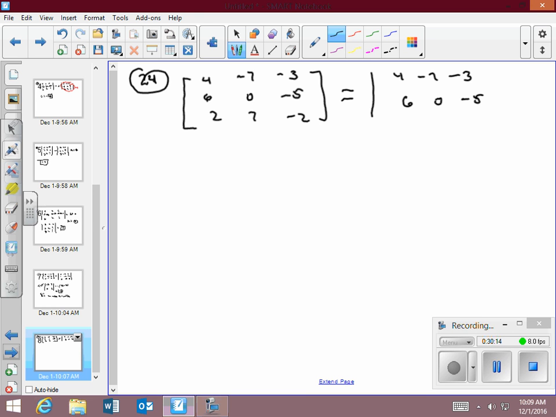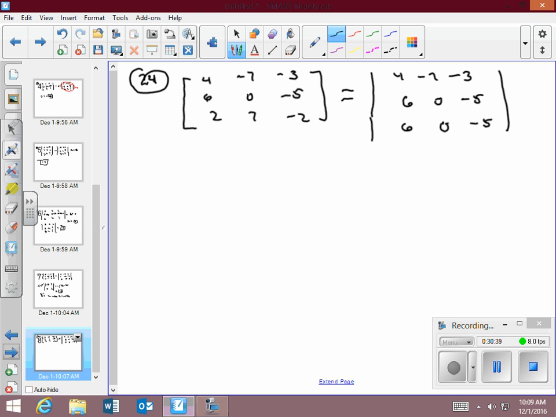So 6, 0, minus 5. But those are not independent because the second and third rows are the same, right?